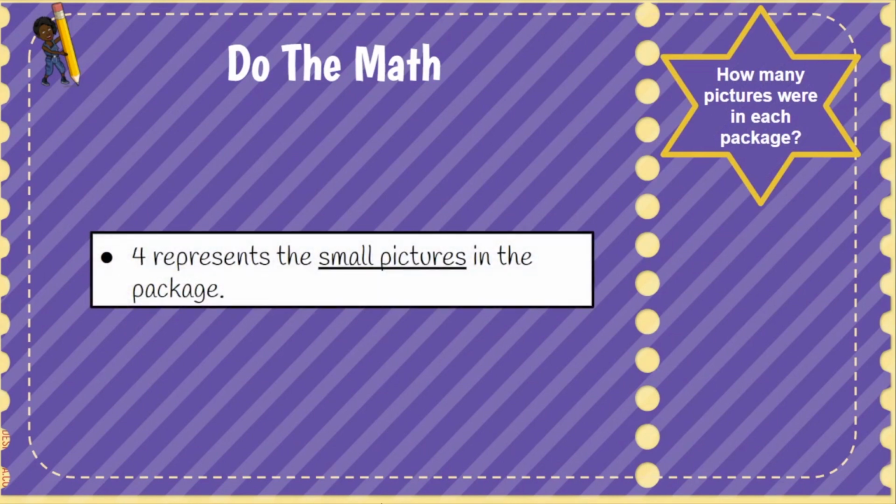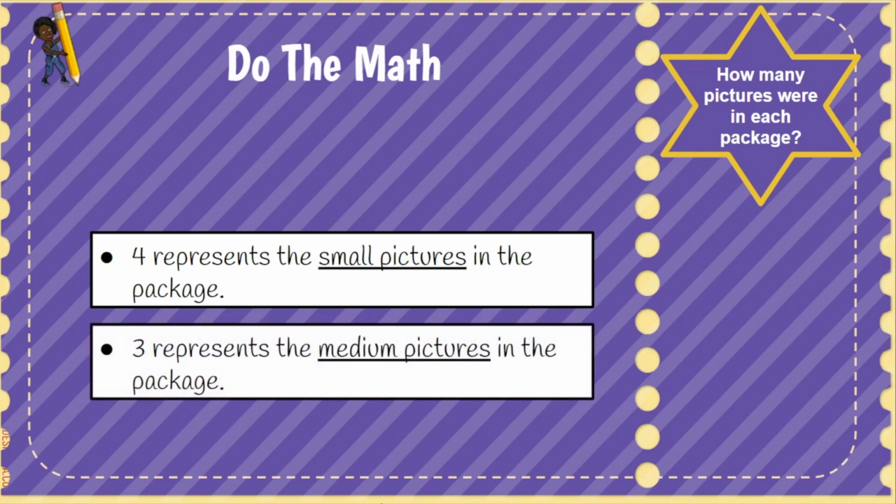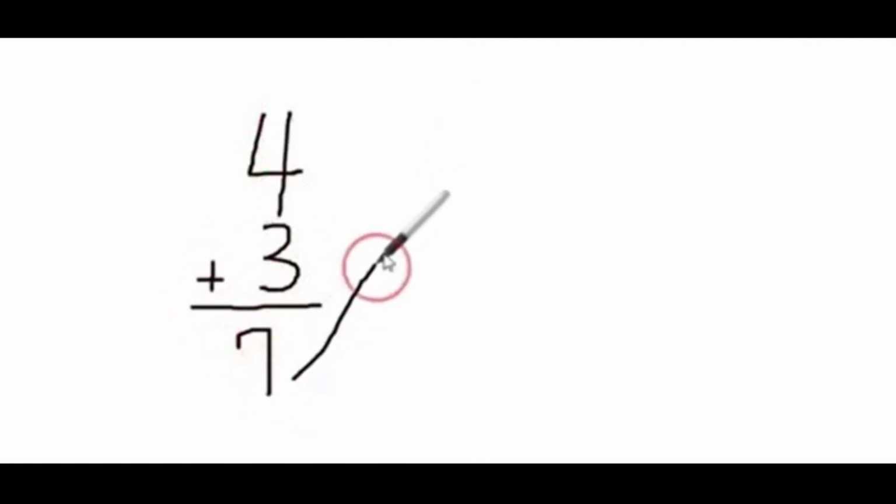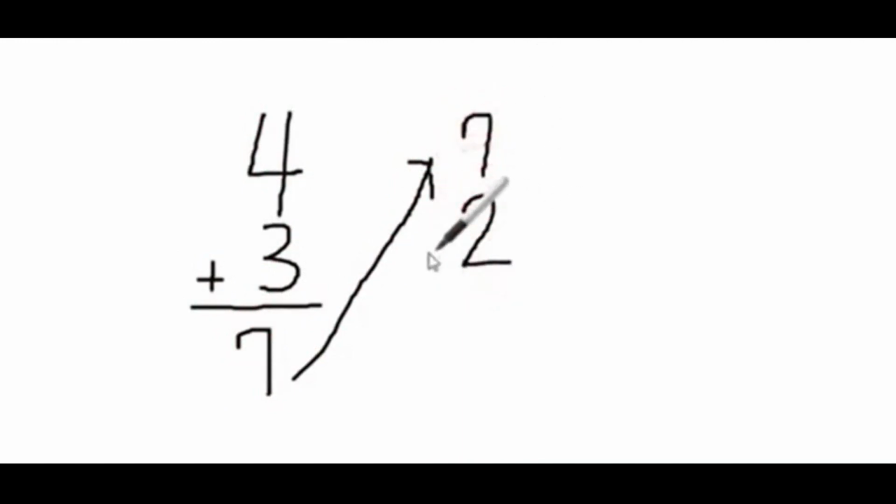We know that 4 represents the small pictures in the package. 3 represents the medium pictures in the package. And 2 represents the large pictures in the package. When I do the math and add all of the pictures together, I get a total of 9 pictures in each package.